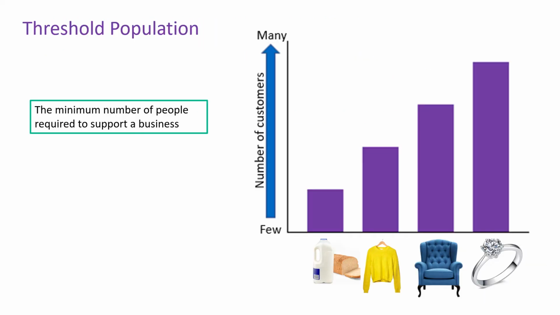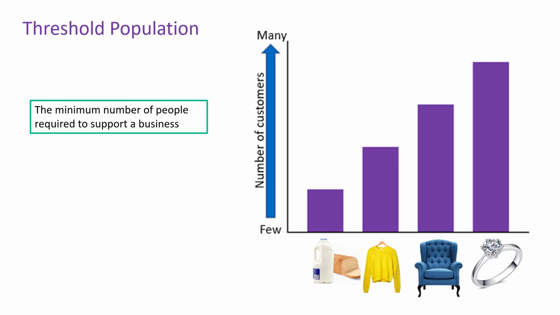Next, we're going to look at three terms that are pretty much central to this theory. The first one is threshold population. The definition is the minimum number of people that are required to support a business. Now, if we look at this diagram over here on the right, bread and milk, that's your low order goods.